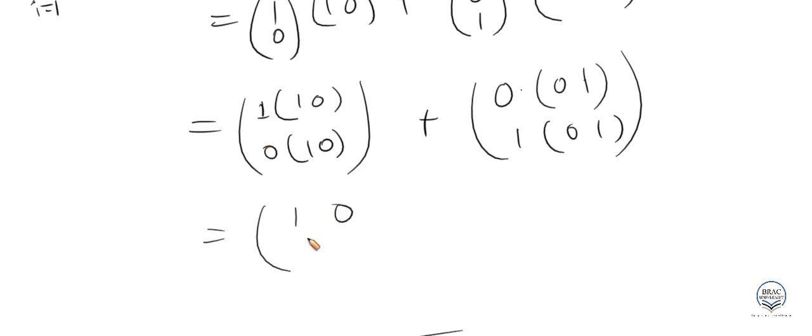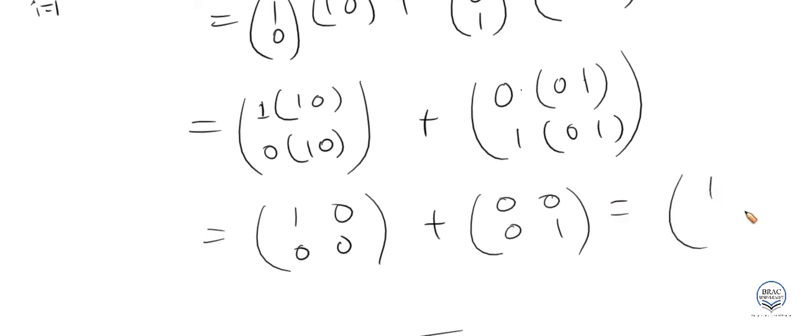So this is (1 0; 0 0) and this is (0 0; 0 1), and if you add them, what do you get? You get the 2 cross 2 identity matrix.